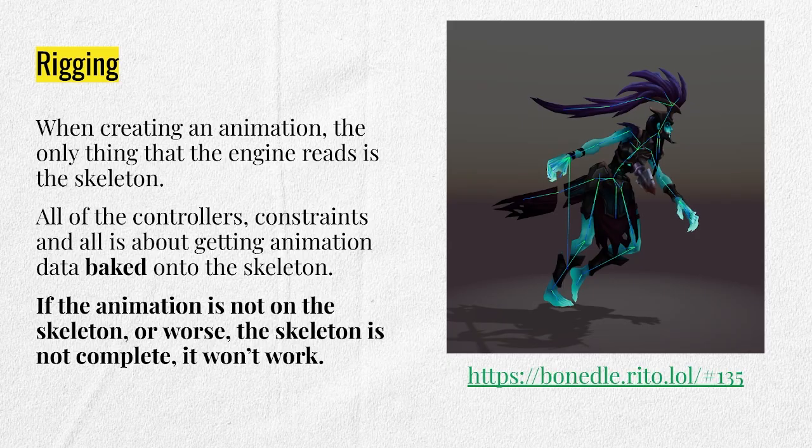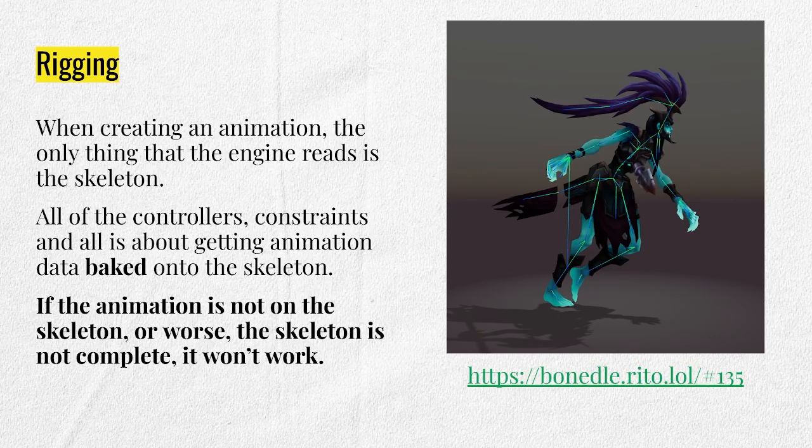You might have some constraints doing something. You might have multiple bones that are just there to influence other bones. But the main skeleton that is on the mesh, parented there, is the one that we care about.